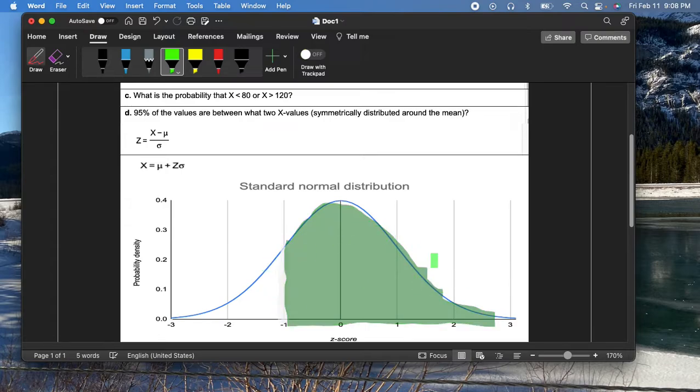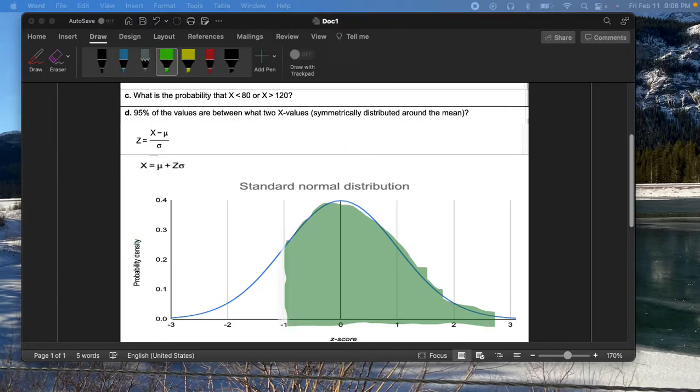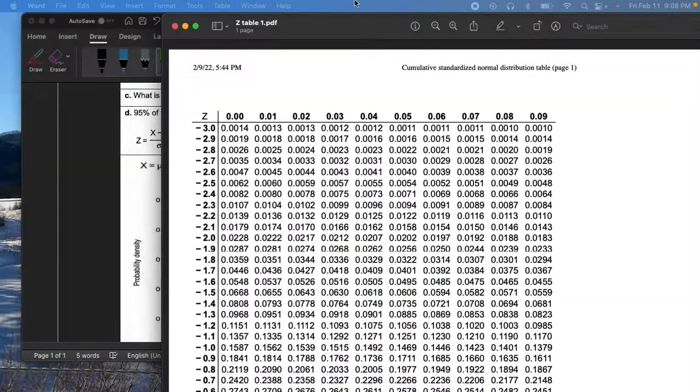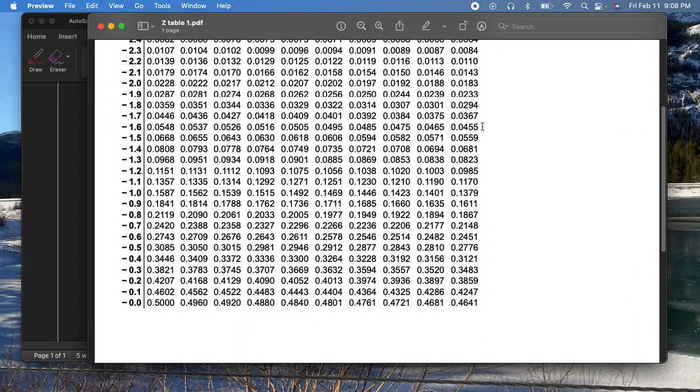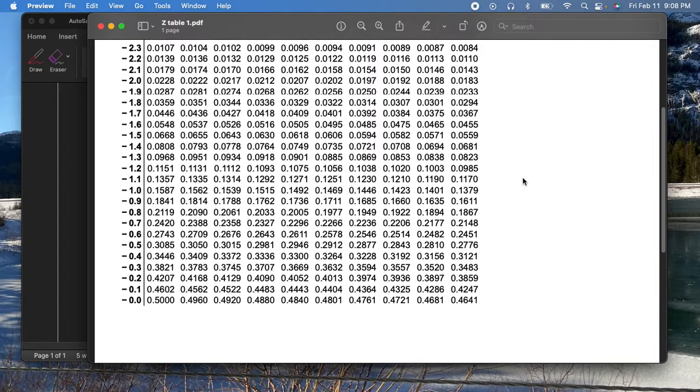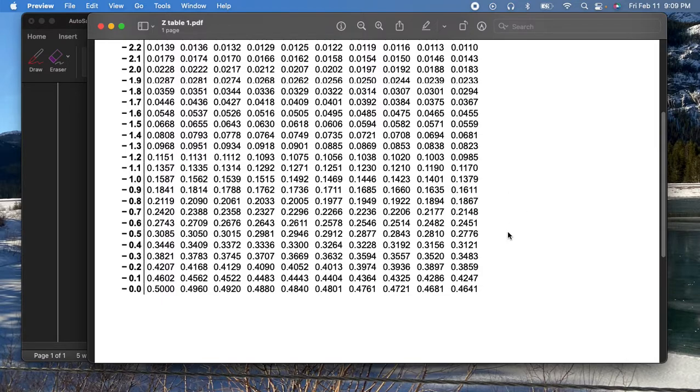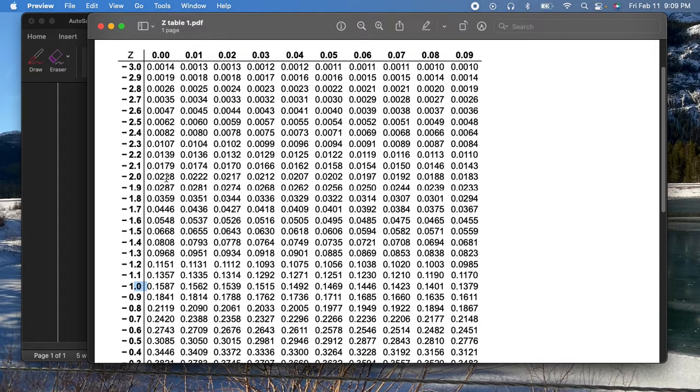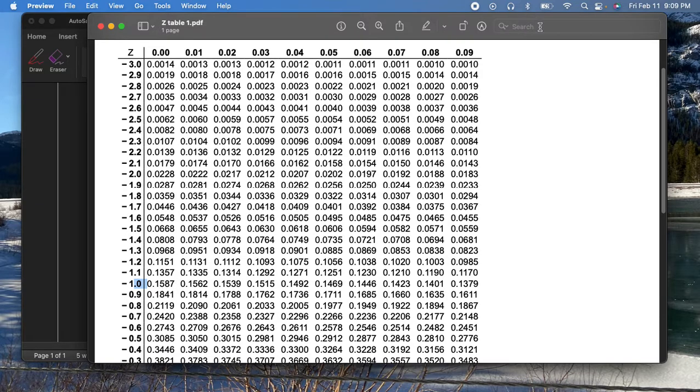So we're going to need our Z table. Here is our Z table. You can find that in your textbook, in the appendix, should be under appendix E for the tables. You can also find it online. Here, for negative 1.0, the value is 0.1587.